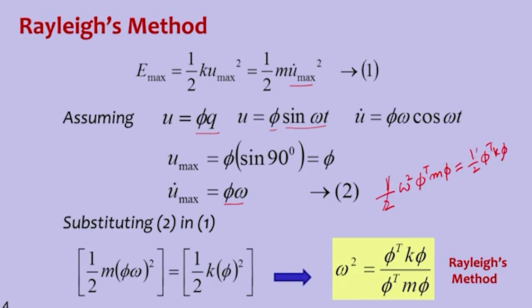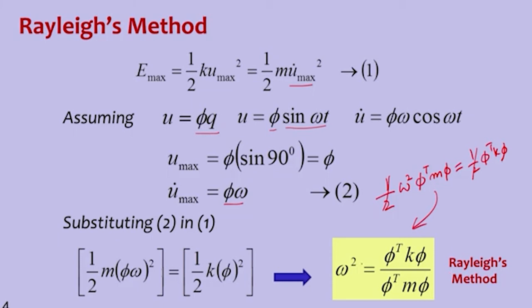The half gets cancelled. Now, from this, omega square is equal to phi transpose k phi by phi transpose m phi. This is called Rayleigh's coefficient, or the first fundamental natural frequency using Rayleigh's method.